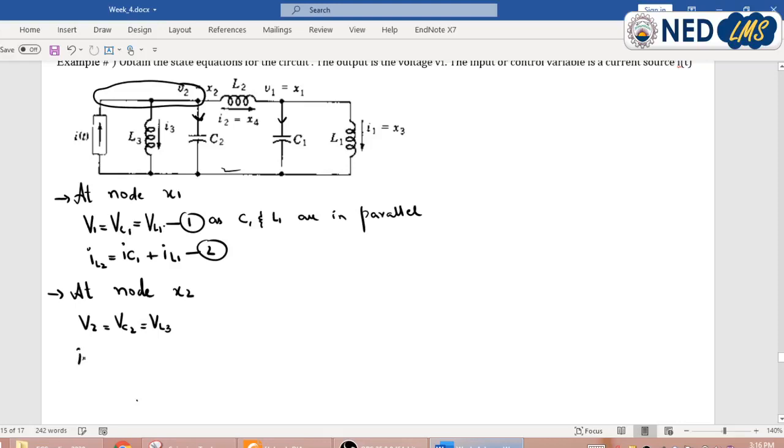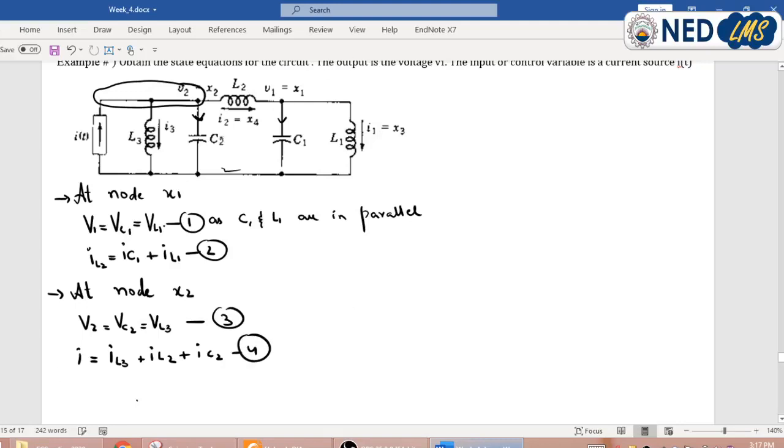This is my input, I is equal to IL3 plus IL2 plus IC2. This is my equation number 3. This is my equation number 4.